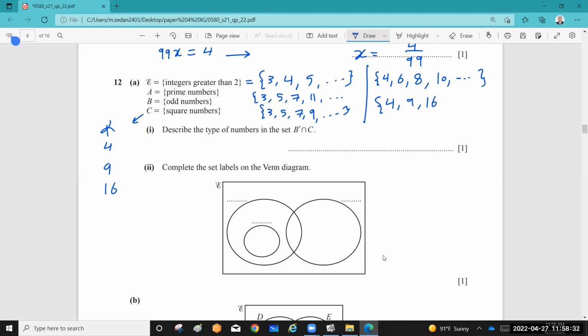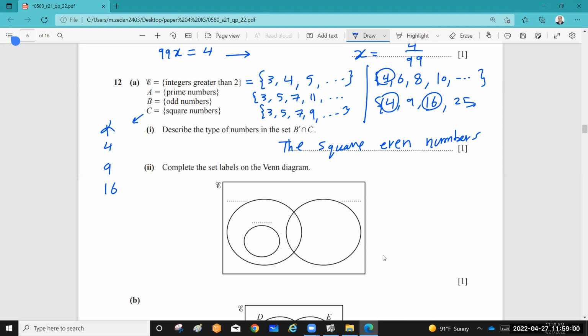4, 9, 16, 25. What type of number now? The type of numbers are the square numbers that are even numbers. This is the connection, the square even numbers.